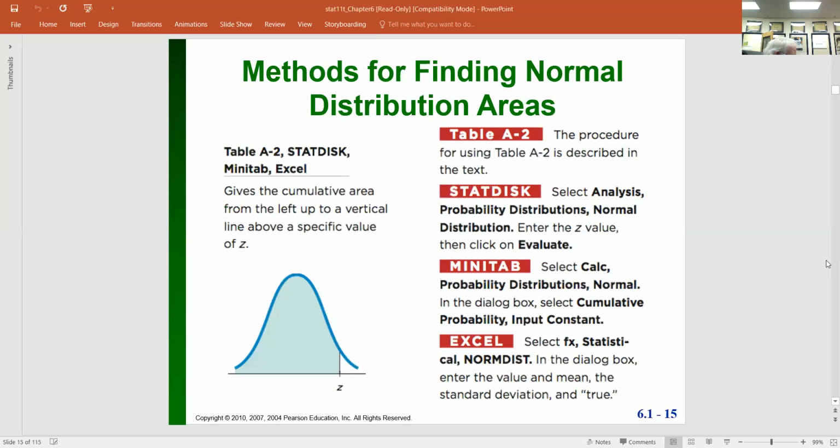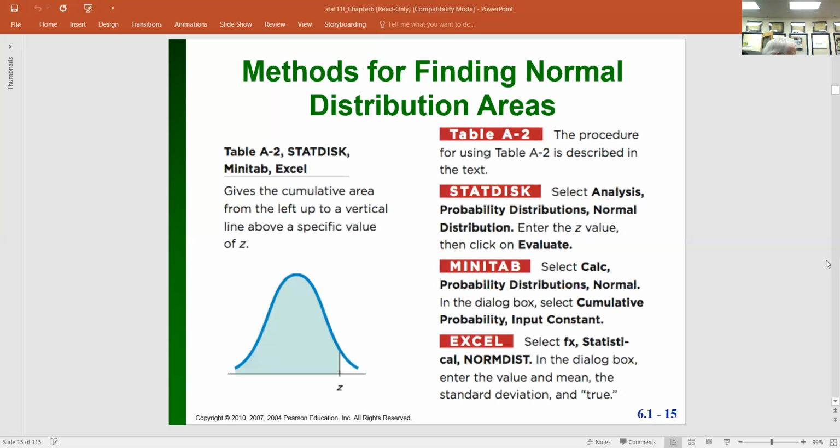So interpolation is something we do a lot in math, especially using tables. That's automatically done for you in some of the software that's used, Minitab or StatDisk or whatever, or on the TI calculator. But we're going to do all this manually. Okay, is this making sense?